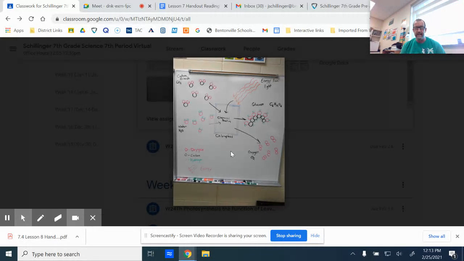Carbon dioxide molecules enter into a plant through the stomata, small openings on the bottom of the leaf. Water molecules are absorbed through the roots of the plant. The carbon dioxide and the water go to the chloroplast where energy from the sun is absorbed. A chemical reaction occurs.